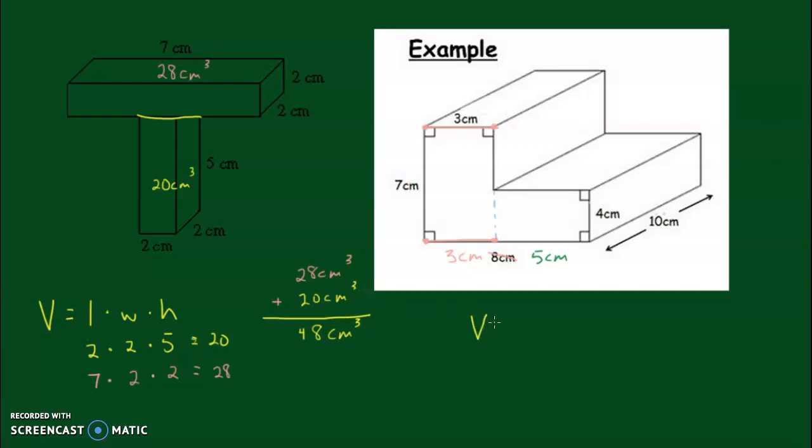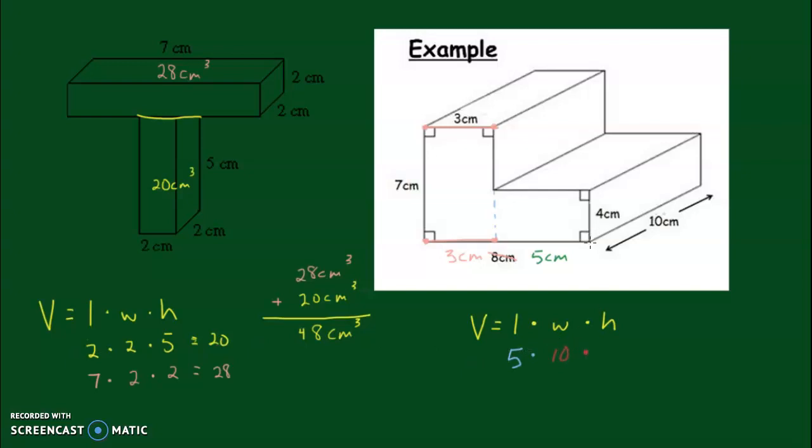So we've got volume equals length times width times height, and so our length left to right is 5 centimeters times our width, and our width is going to be from the front to the back. So in this case, that's 10 centimeters.